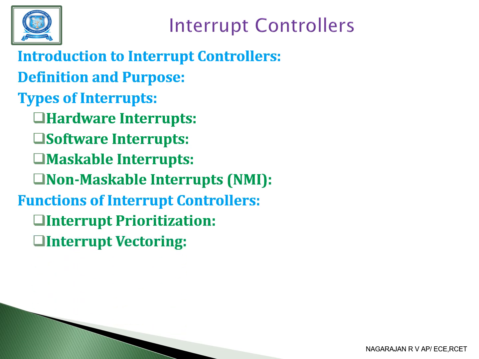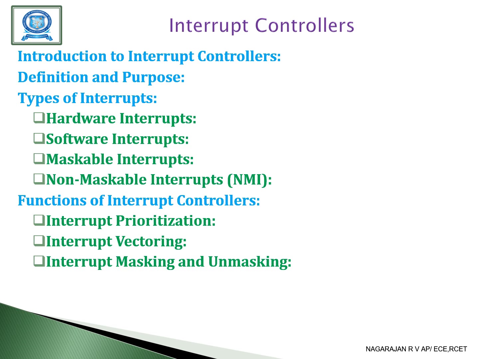The next function is interrupt vectoring. Interrupt controllers provide the address of the appropriate interrupt service routine to the CPU when an interrupt occurs. This process is known as interrupt vectoring, which allows the CPU to jump directly to the correct ISR without additional processing.